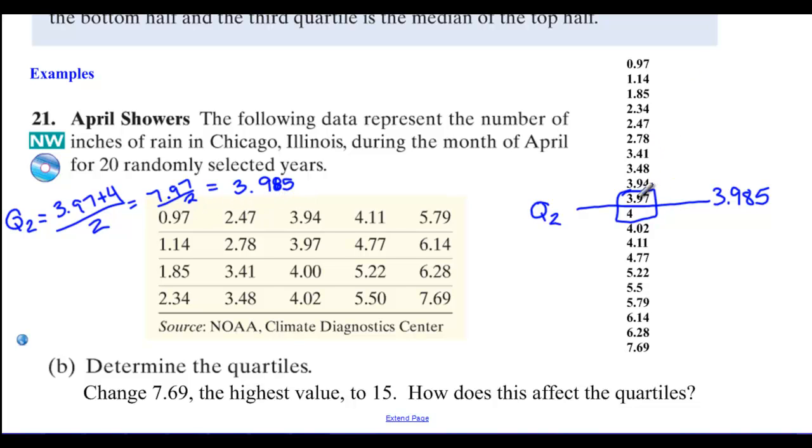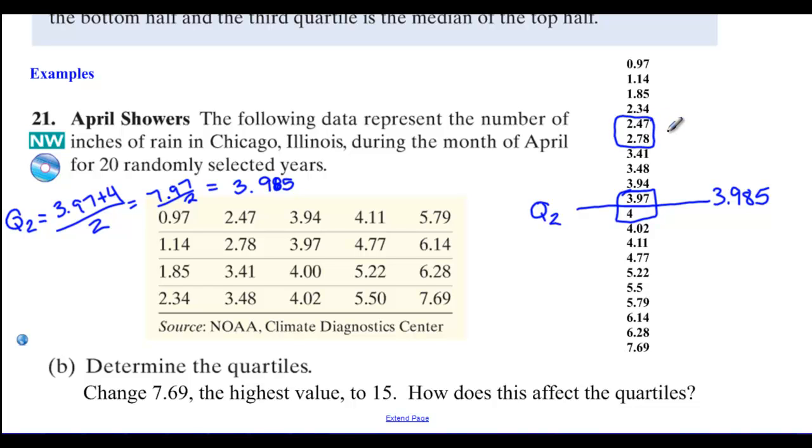All right, so now we've split the top set of data into 10 pieces of data and the bottom into 10 pieces of data. So now we're going to find the median of each of these. So here is our Q2. And now let's go through and find the median for the top 10. So that means we're going to look for the 5th and 6th pieces of data, and we're going to average those.